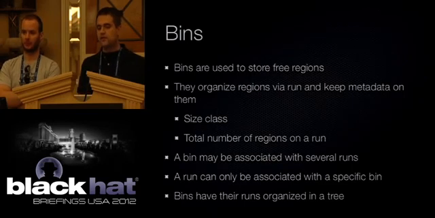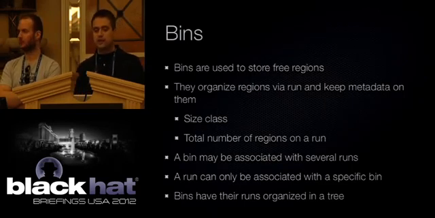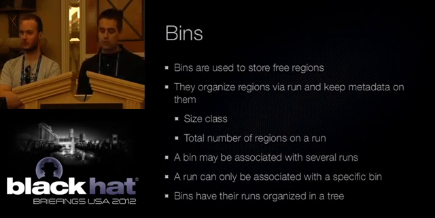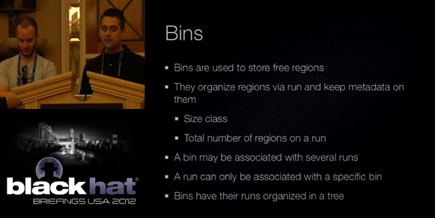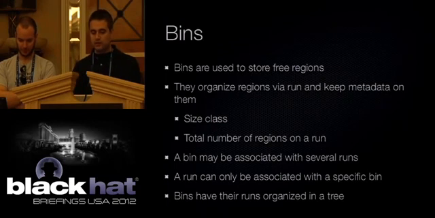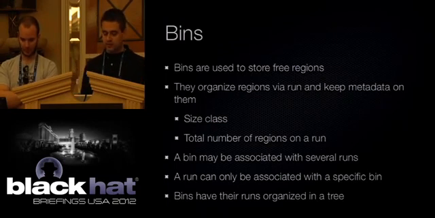For allocations of size 4, there's a dedicated bin, and so on. They also keep track of the regions in the bin, which of them are free and which are used. A bin may be associated with several runs, but a run can only be associated with a specific bin. Now, if a bin is associated with several runs, it has a tree that manages all the different runs that are associated with that specific bin.